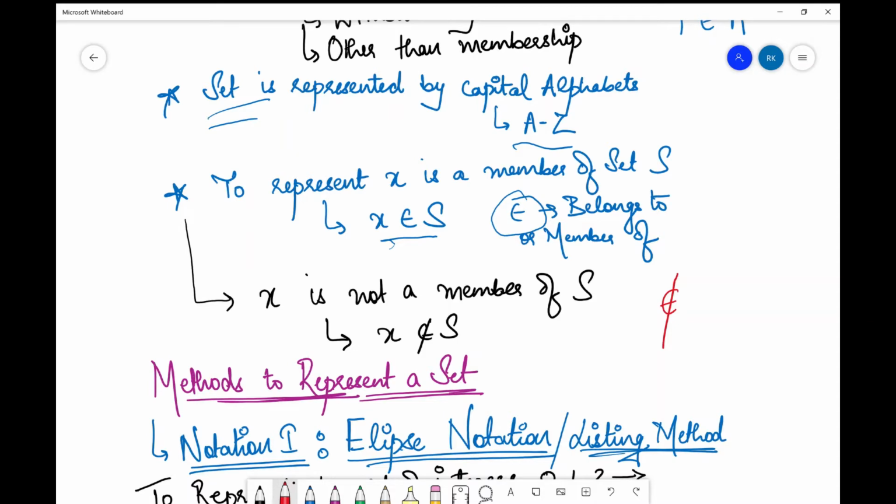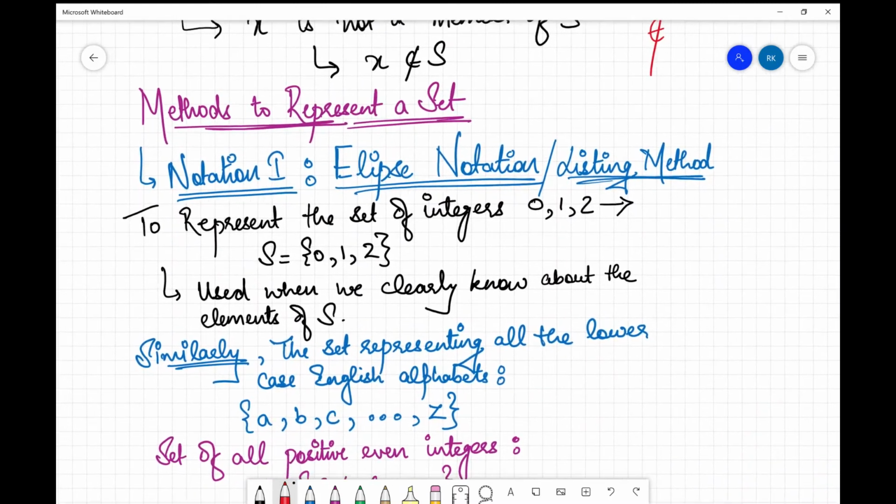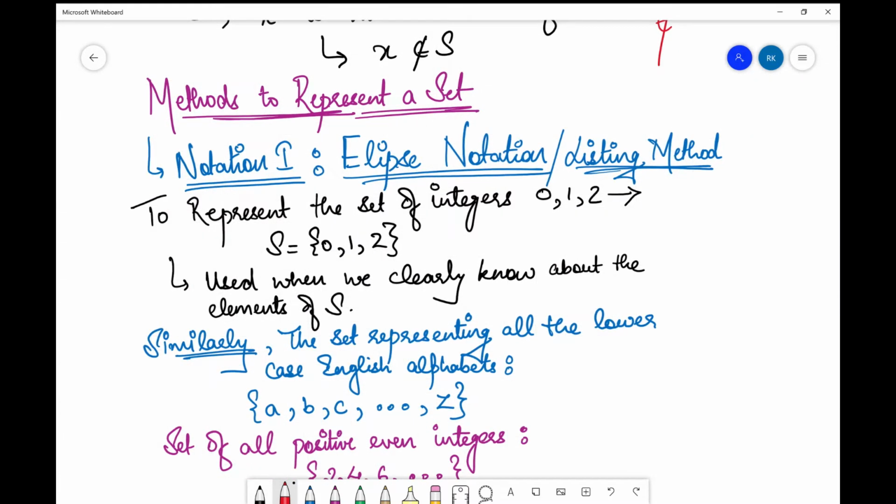Now let's come to the different notations in which a set can be represented. There are two basic notations which I have found in most of the books. The first one is known as the ellipsis notation or the listing method. In this, we just list all the elements of the set, basically we write each and every element.